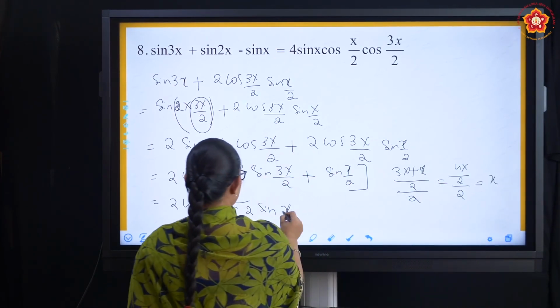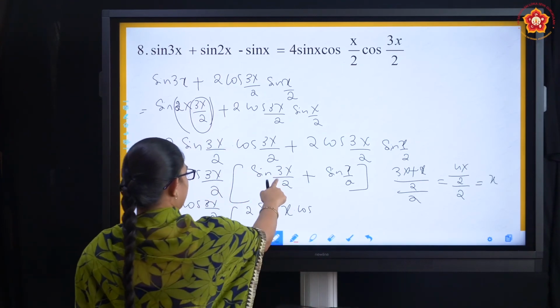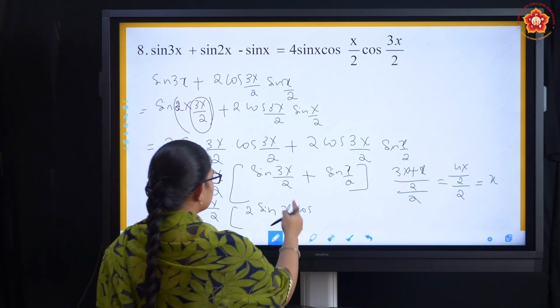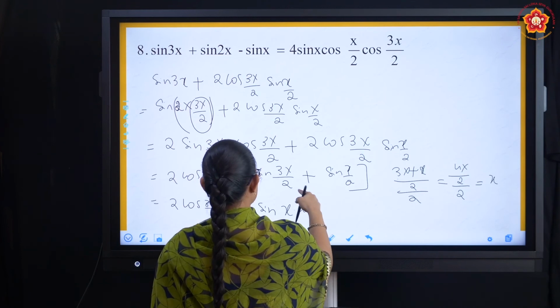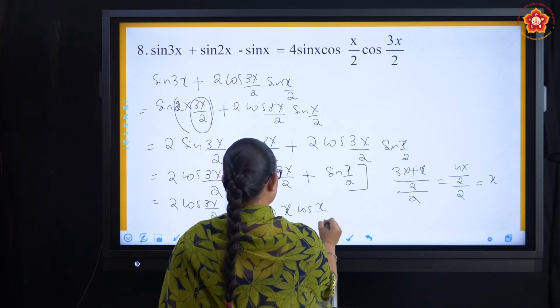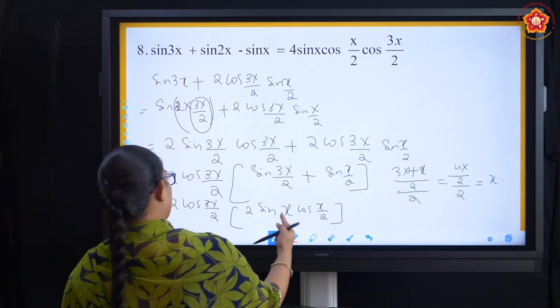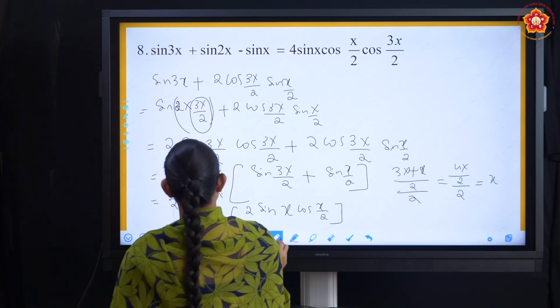So we can write 2 sin x into cos of (3x by 2 minus x by 2) by 2. 3x minus x is 2x, 2x by 2 is x, and x by 2.